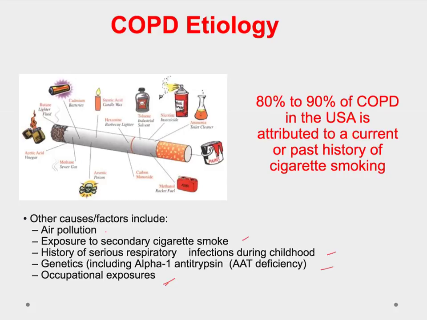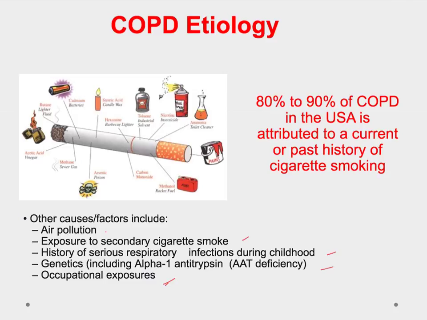As far as occupational exposures, whoever is running a place like a coal mine perhaps, they need to make sure that their workers are protected, and that would be wearing a mask maybe that prevents them from inhaling something in the air that could be toxic to them.